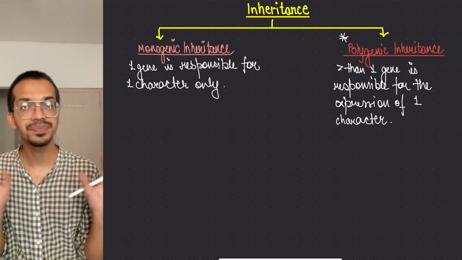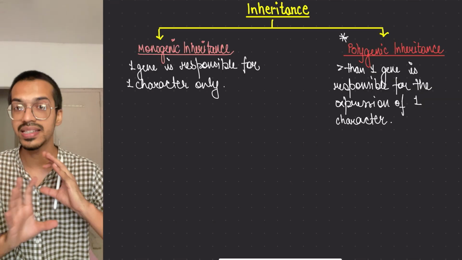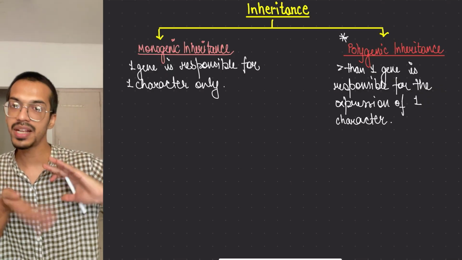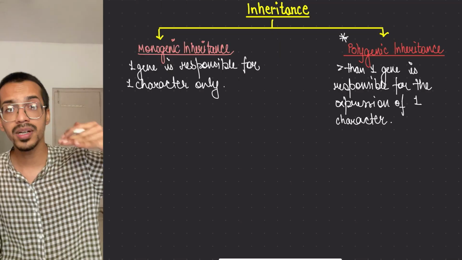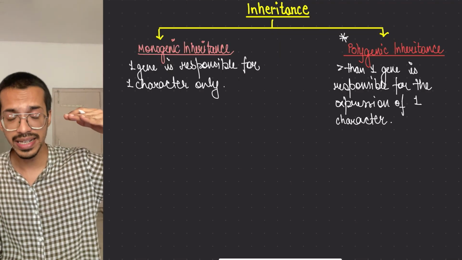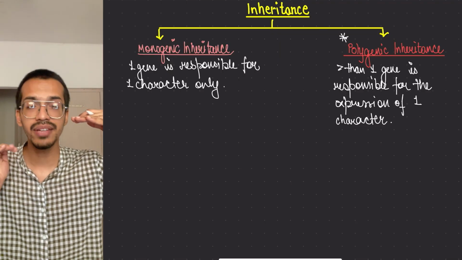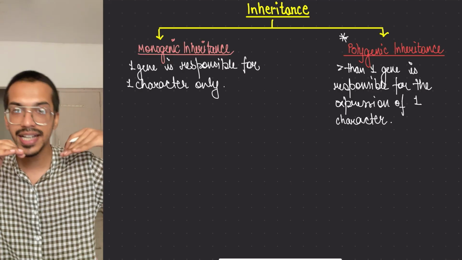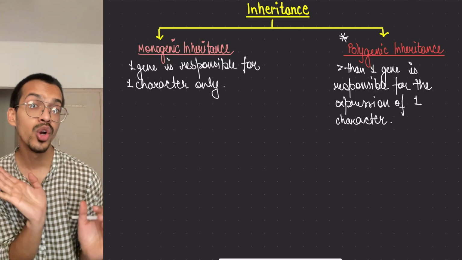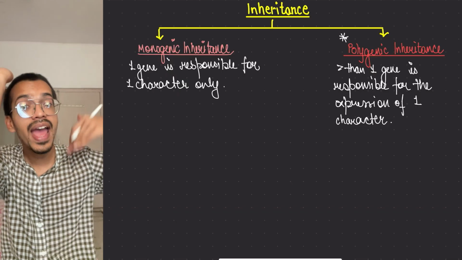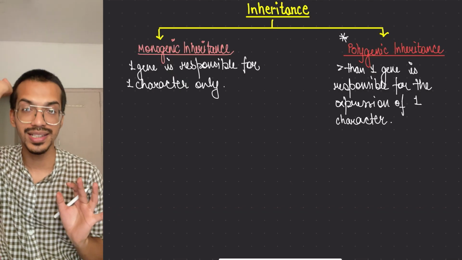For example, if a person is 5 feet in height, and I add one extra gene, it will be 5.2, one more extra gene, 5.4. Quantity increases, the expression of the character also increases. It's just an example.